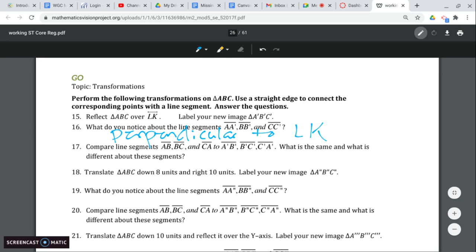So compare line segments AB, BC, and CA to A prime B prime, B prime C prime, C prime A prime. What's the same and what's different about these segments? So what's the same is they're congruent. Remember, when we're doing transformations, it's a rigid transformation. They don't change length. So they are congruent.